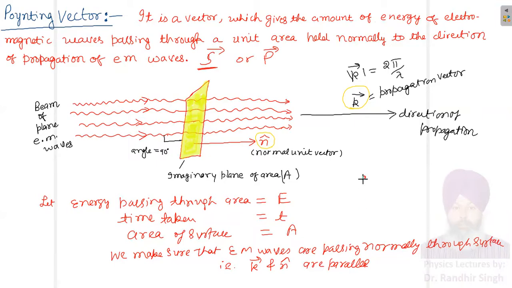Therefore, the energy passing per unit time per unit area will be equal to E upon A and T. I must make sure that it is in the normal direction.